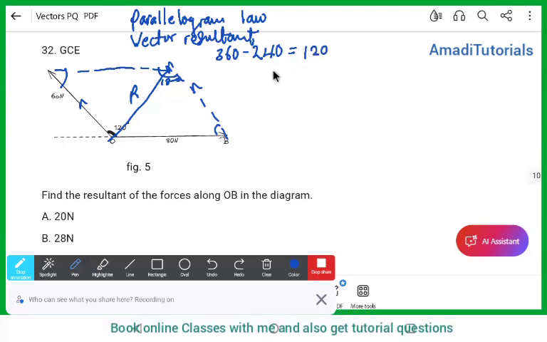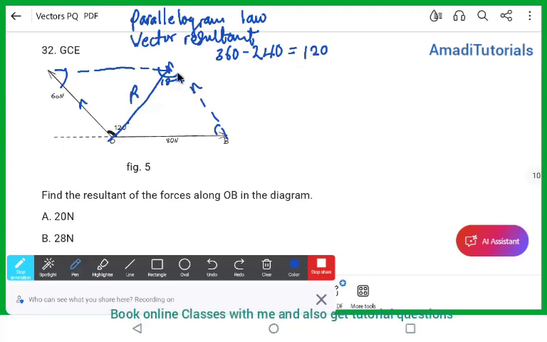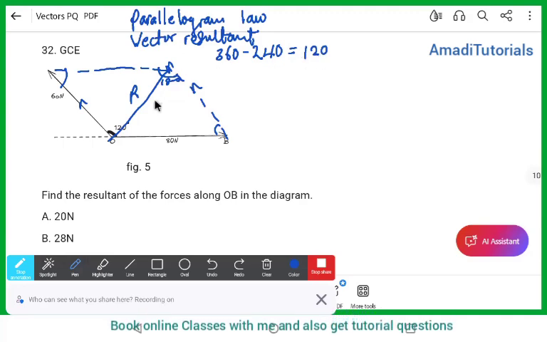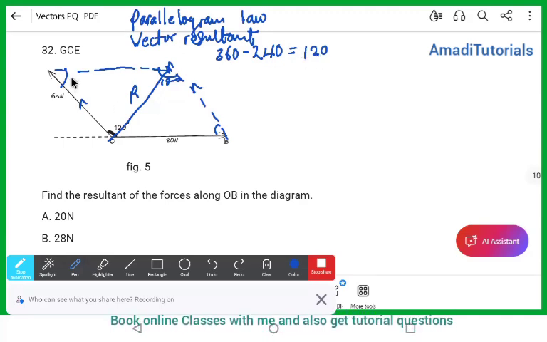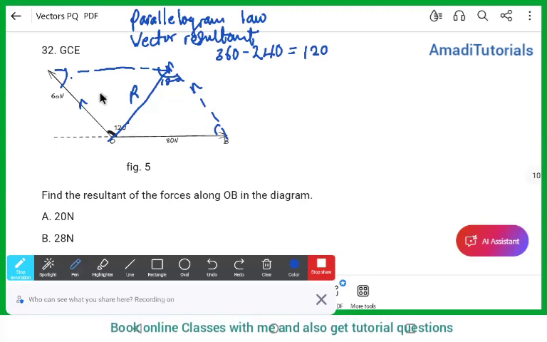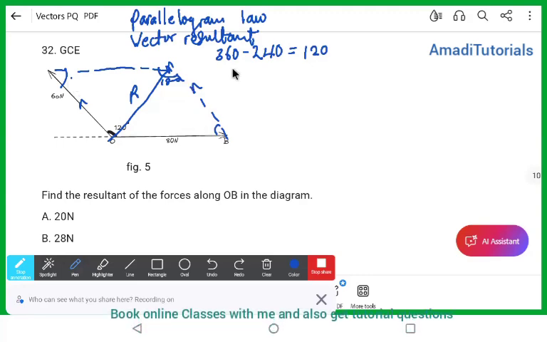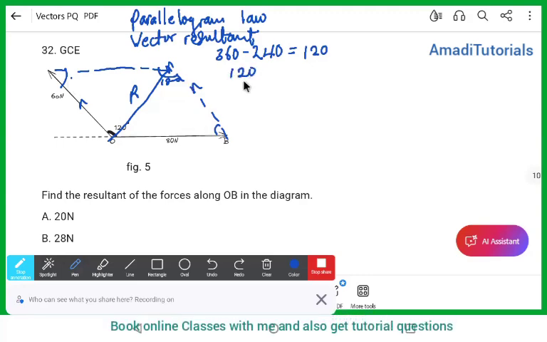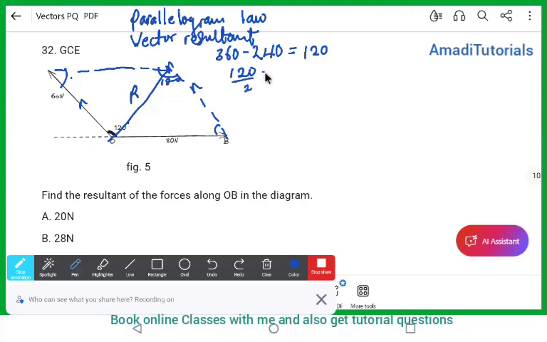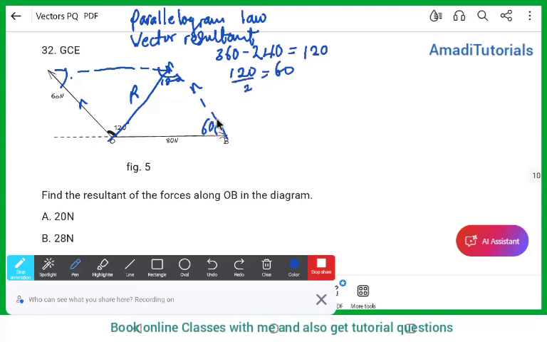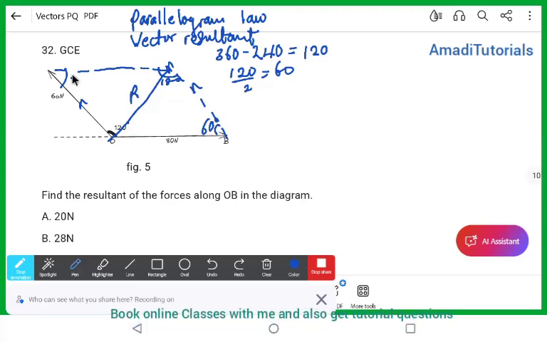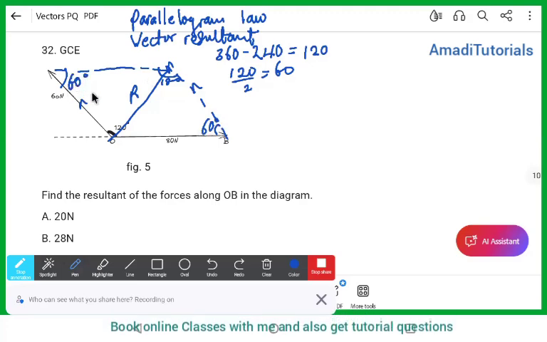Now, this 120 is what is left to share between this place and this place. Since they are the same, 120 divided by 2 gives us 60. So this place is 60 degrees, while this place is also 60 degrees.